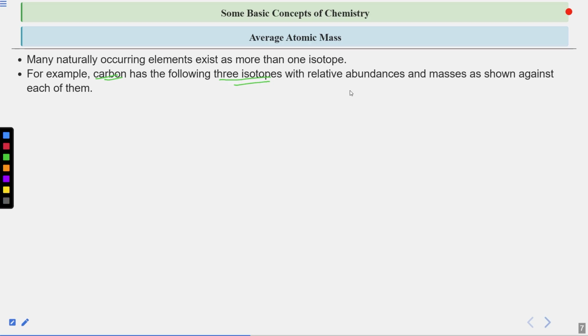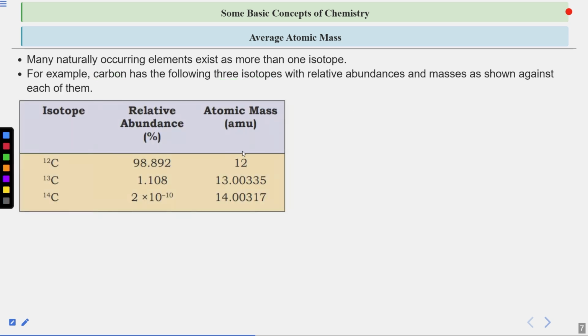Now, if I try to tabulate the relative abundance of the isotopes, we can do it this way. There are three isotopes: carbon 12, carbon 13, and carbon 14. In carbon 12, the relative abundance is 98.892.